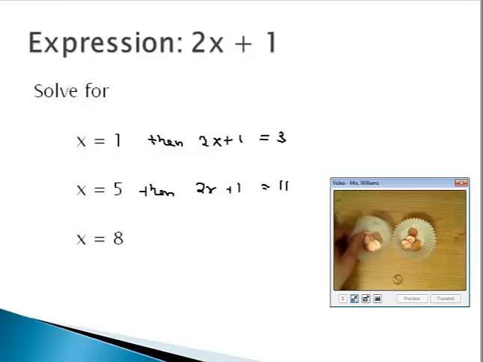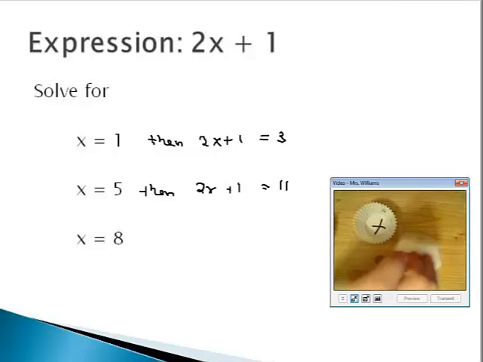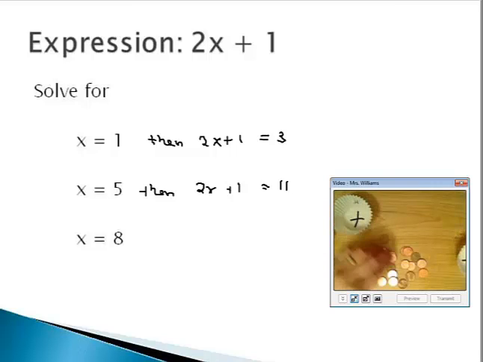Okay, so now the total number of pennies has to be equal to the solution to our problem. Get them in order here so we can count them easily.